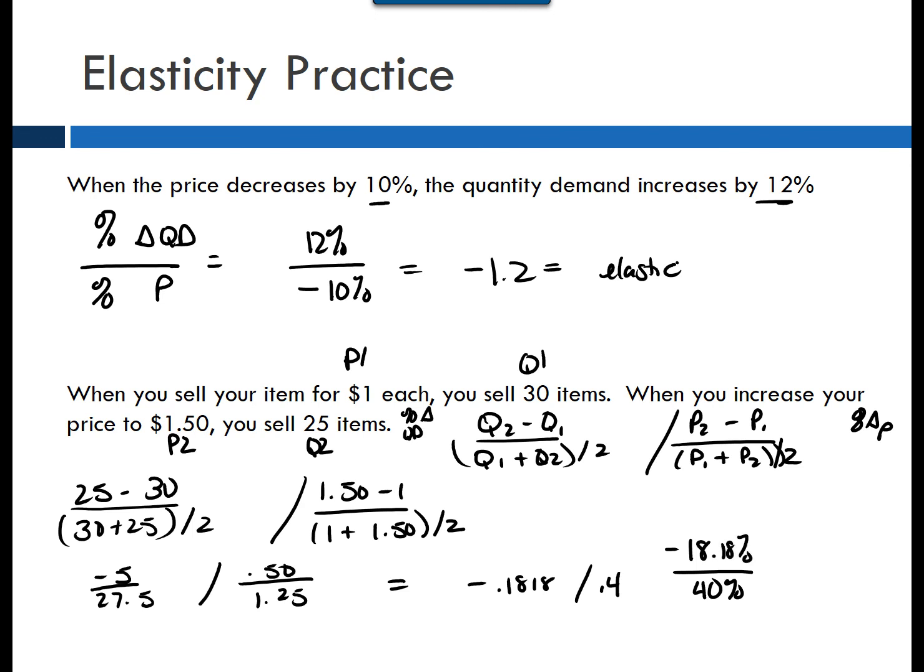So a 40% increase in the price caused my quantity to drop, but it only dropped by 18%. So I get negative 0.45. That's inelastic. Okay.